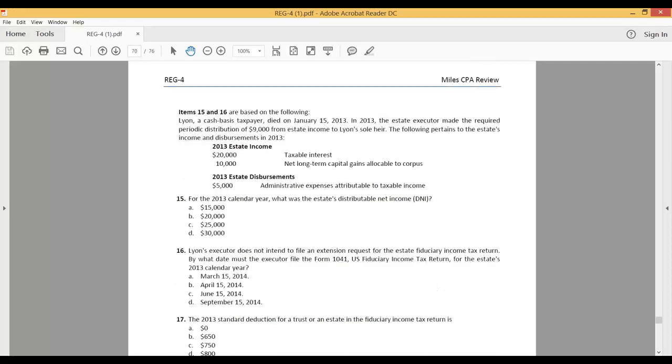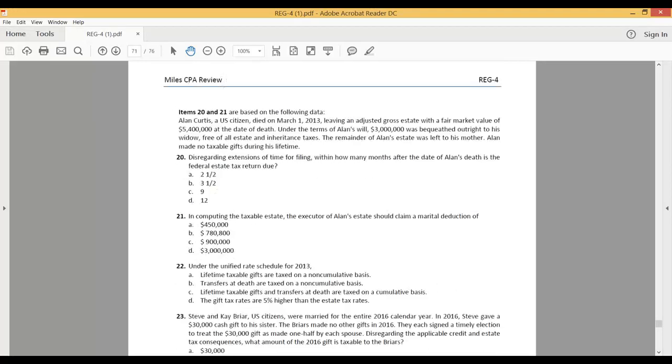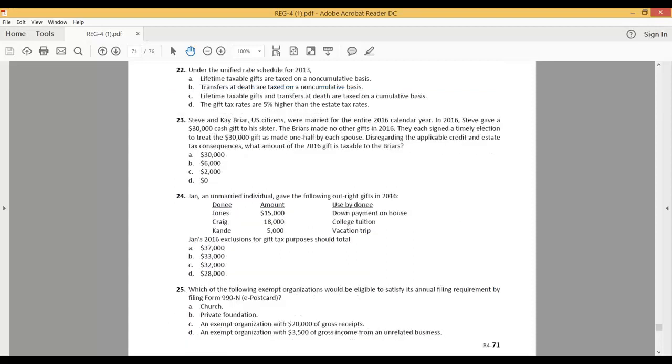So on page number 71, go to question number 23. Steve and Kay Breyer, US citizens, were married for the entire 2016 calendar year. In 2016, Steve gave a $30,000 cash gift to his sister.